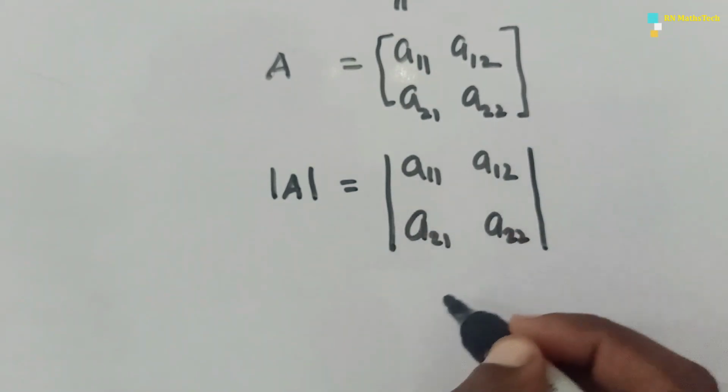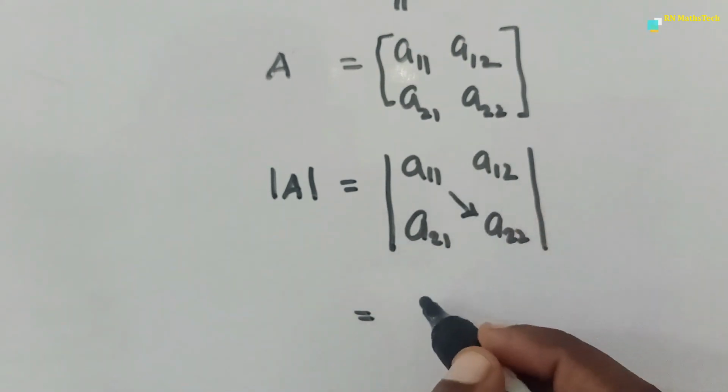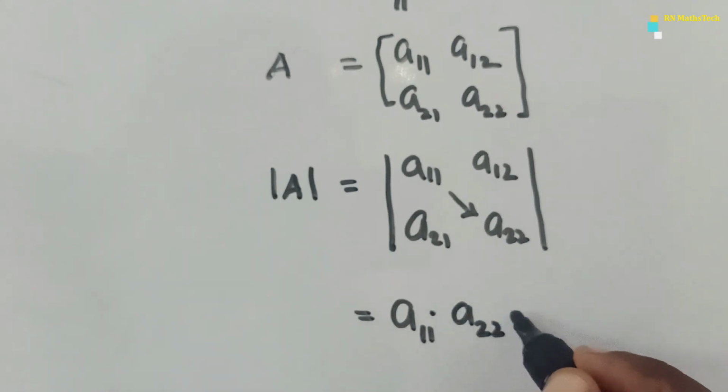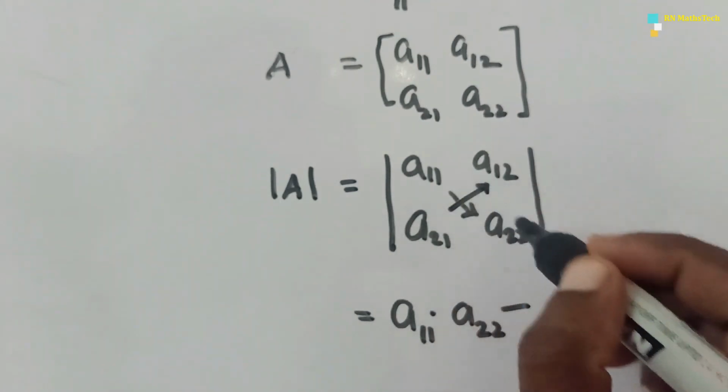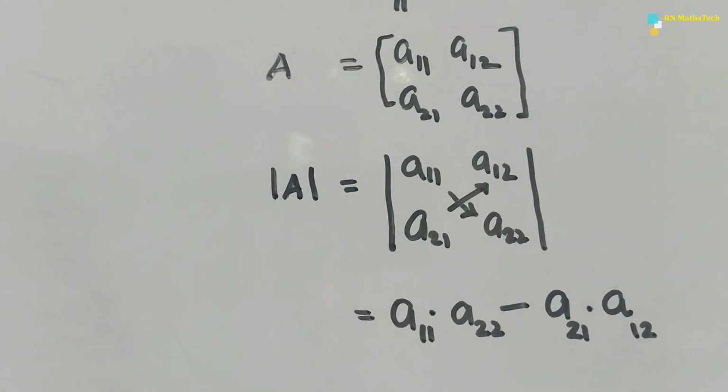This determinant is the product A11 into A22 minus A21 into A12. That is the value of the determinant of order 2.